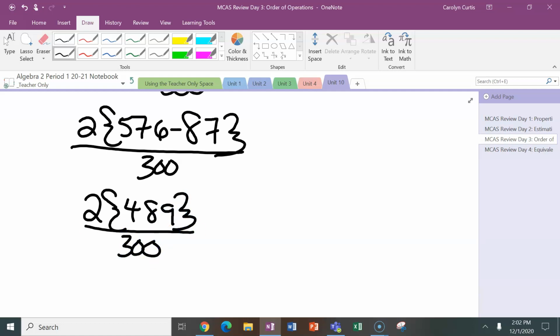And now I'm going to multiply that 2 times that 489 because any grouping symbols, if there's a number written right outside of it, all indicate multiplication. It's not just parentheses. Any grouping symbols will indicate multiplication.